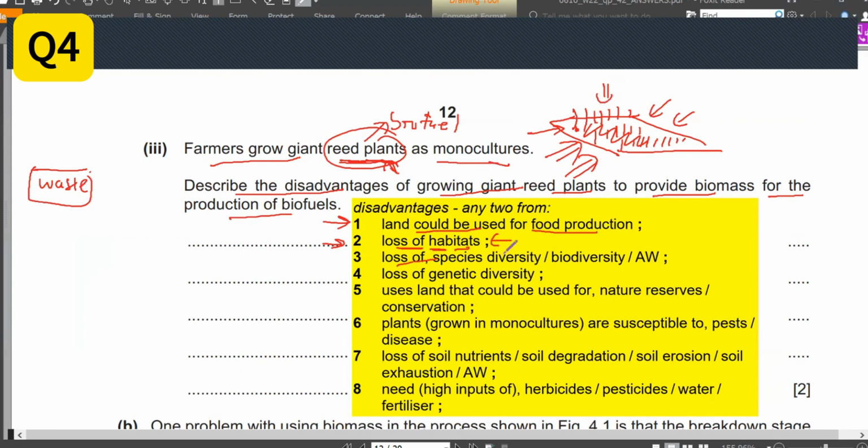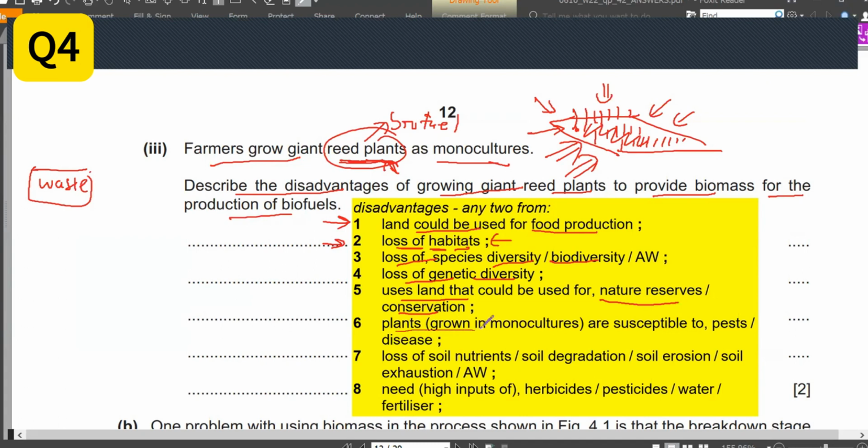So we will lose diversity. Some of the species may become extinct and so on. Loss of genetic diversity. And then the land could have been used as a nature reserve or for conservation to protect the different living things there, instead of clearing it out and using it for this.